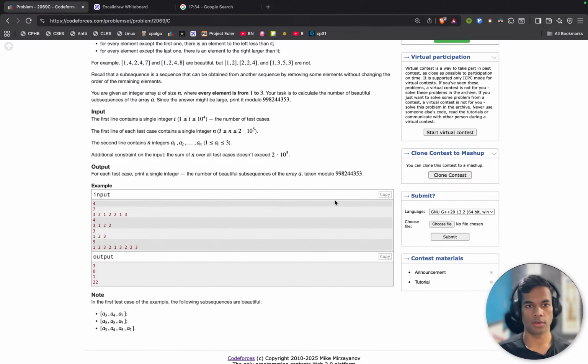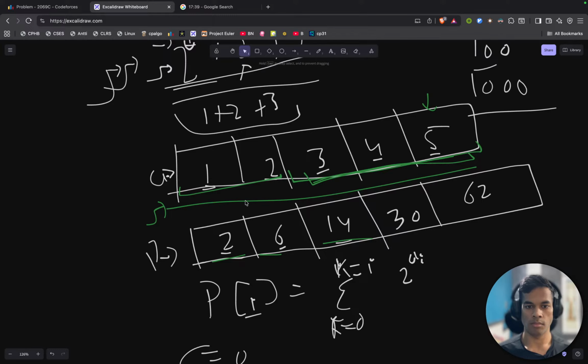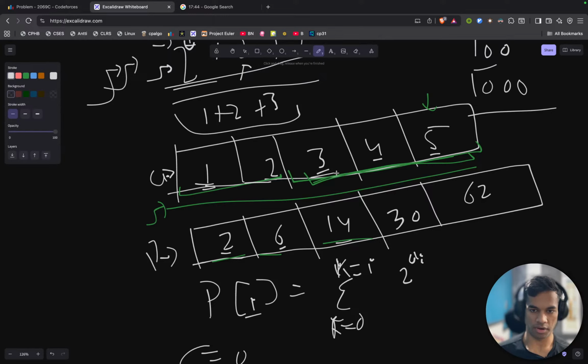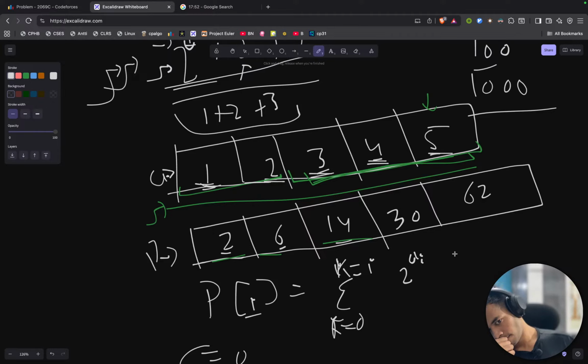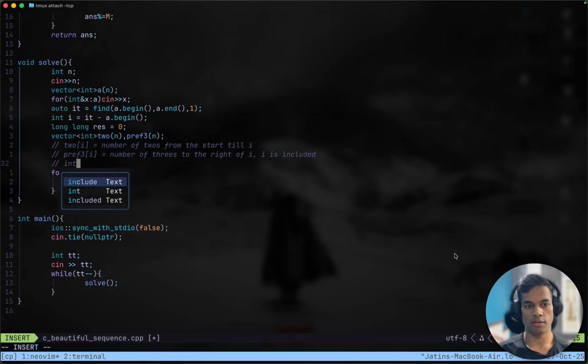What we actually need is, I'm trying to figure this out. Okay, makes sense.